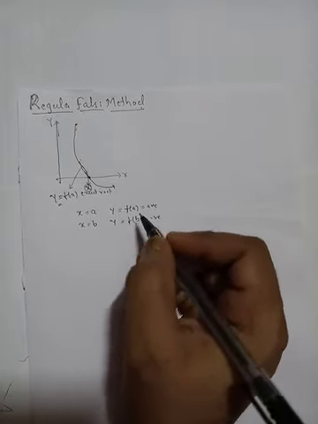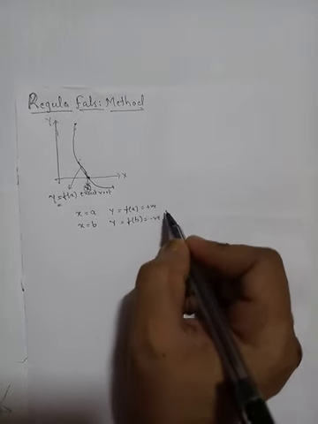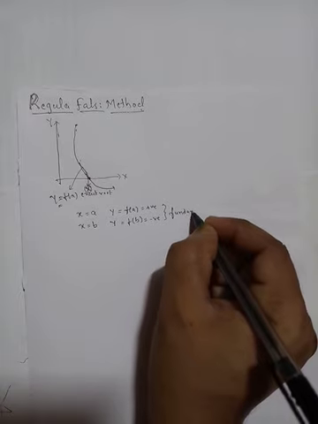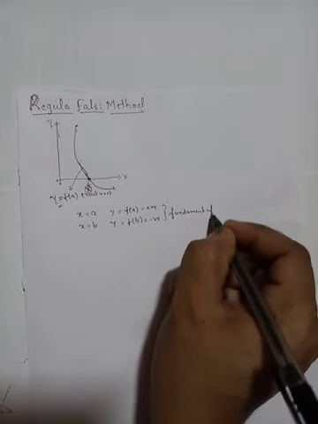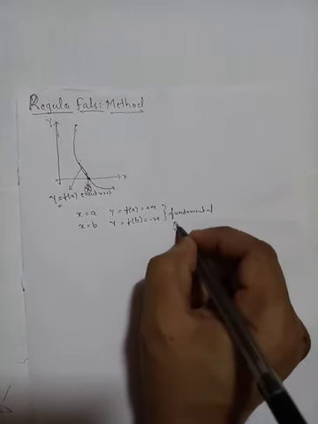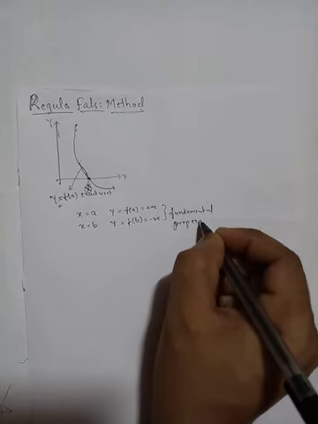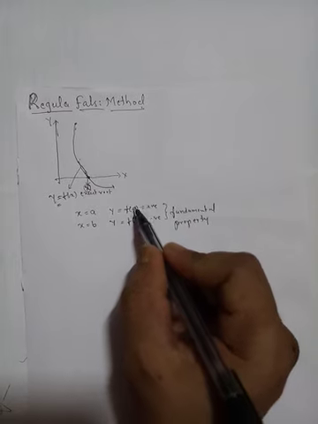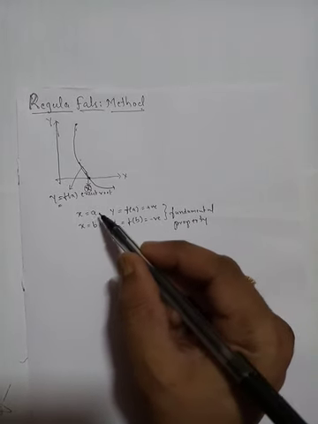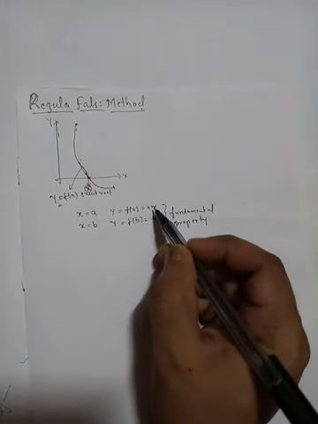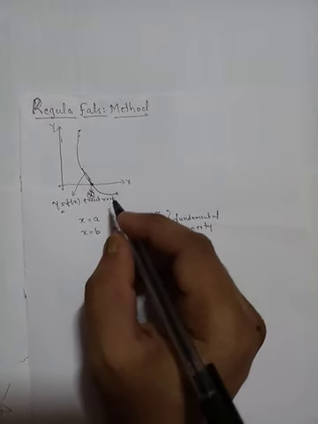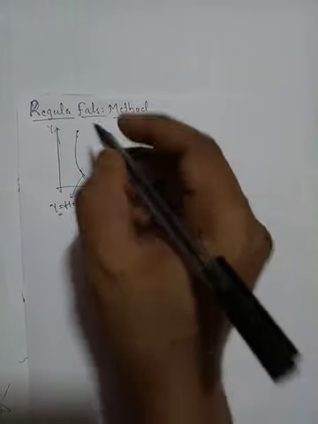This is called the fundamental property. So at one value of x the value of the function must be negative, and at another value of x the value of the function must be positive. I'm going to take this on the given curve.